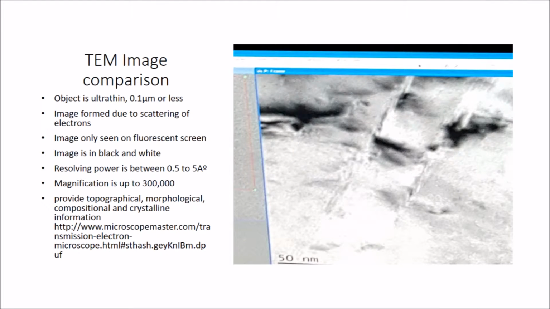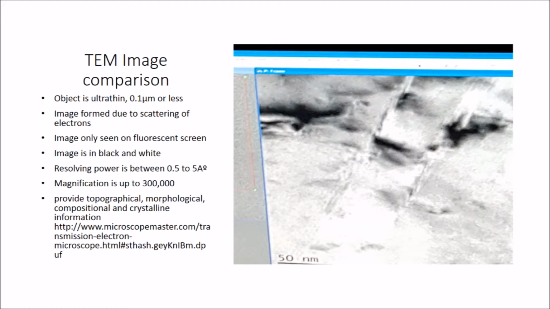The image to the right is an actual image taken from the display screen of the TEM we were using for this lab. For TEM images, the object is ultra thin. It's usually 0.1 micrometers or less in thickness, and the image is formed due to the scattering of electrons. The image can only be seen on a fluorescent screen and is always in black and white.